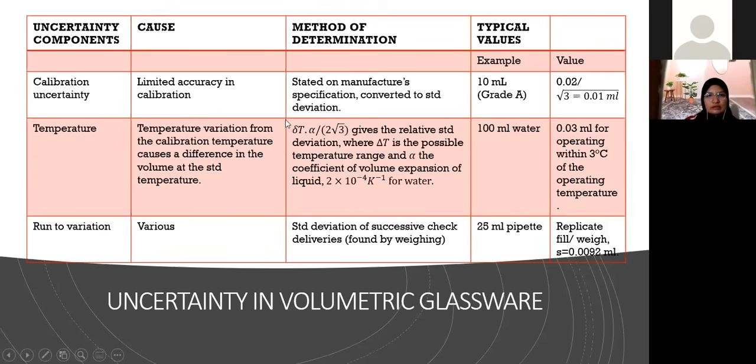So this is the formula: delta T times alpha over 2 over 3, square root of 3. And the coefficient is 2 times 10 to the negative 4 per Kelvin for water.